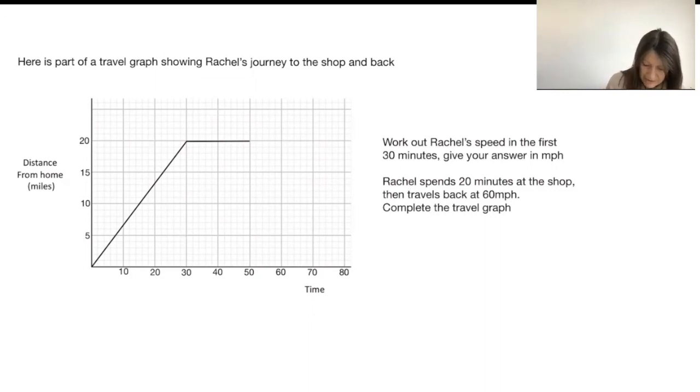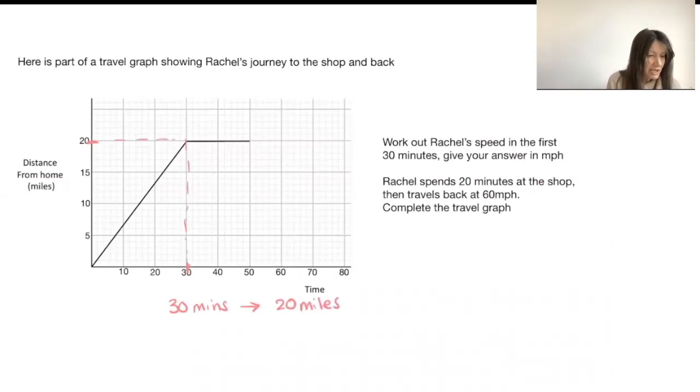So if we have a look, we've got 30 minutes here, and distance is 20. So this is what we're going to be using to help us, okay? So we can see that in 30 minutes, she has traveled 20 miles.